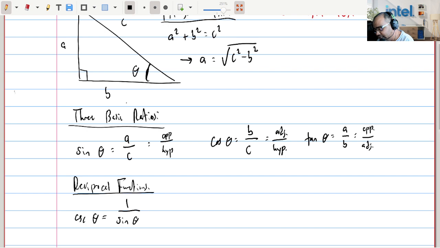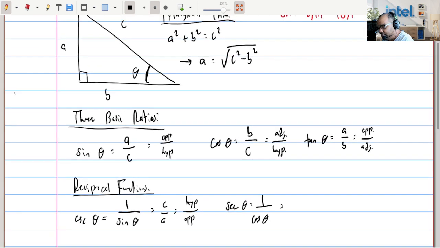Whatever fraction we get for the sine of theta, we just flip it. Based on the picture, that's C over A, the hypotenuse over the side opposite. We also have the secant function, which is 1 over the cosine, and we flip that fraction, so that's C over B.